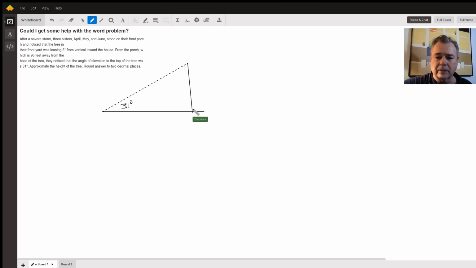This angle, well, we know this is tilted 3 degrees from vertical. 90 degrees minus 3 degrees is 87 degrees. And the distance from this porch to the base of the tree is 96 feet.